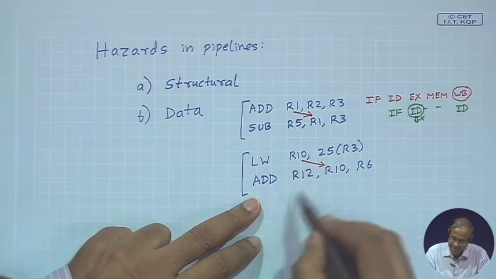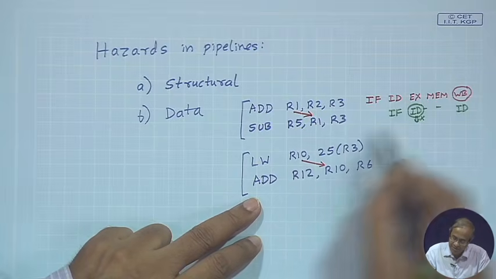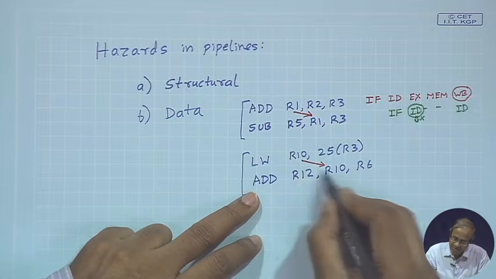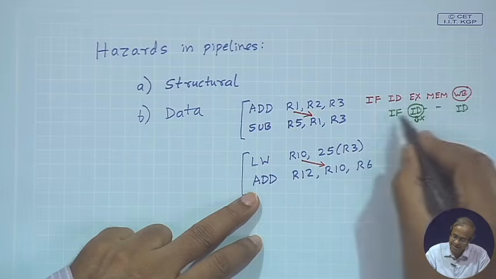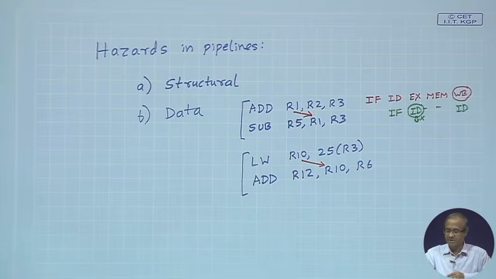Same is the case here: you are loading a value from memory, which will be done only in the mem stage, and in the next instruction you are using that value R10. So, again R10 will be written in WB, and something similar will happen. There are methods to reduce the impact of this kind of hazard, such as data forwarding and other things, but this is something you have to remember.